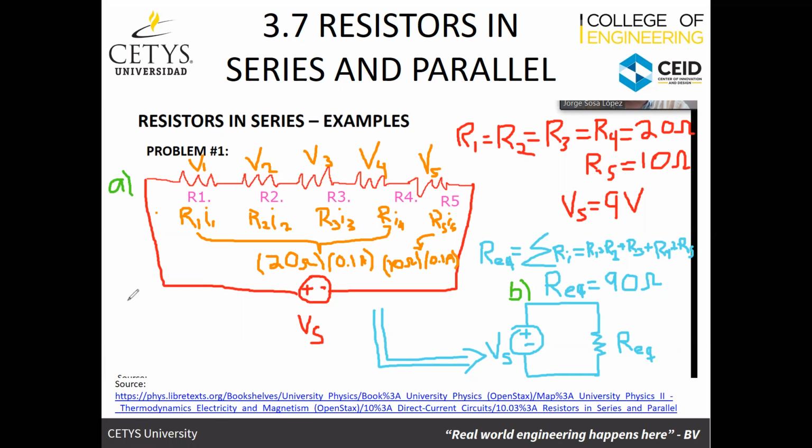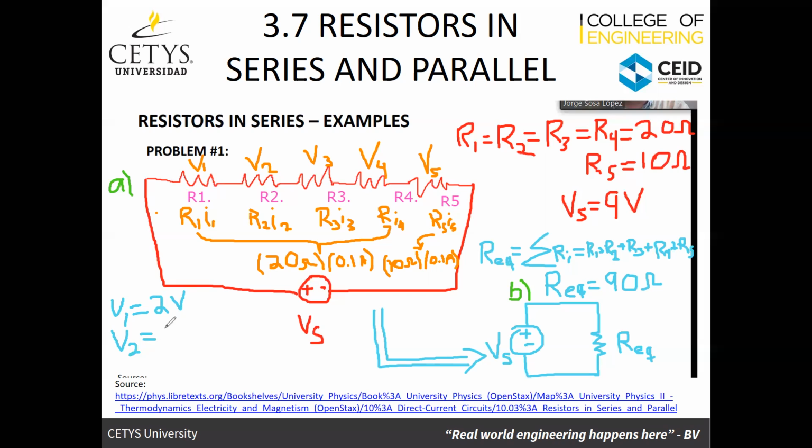We've got then that V1 is equal to 20 times 0.1. This is 2 volts. And this is actually going to be the same as V2.